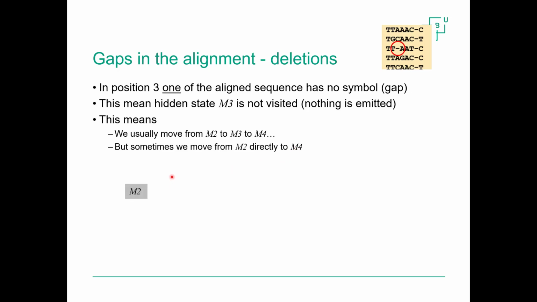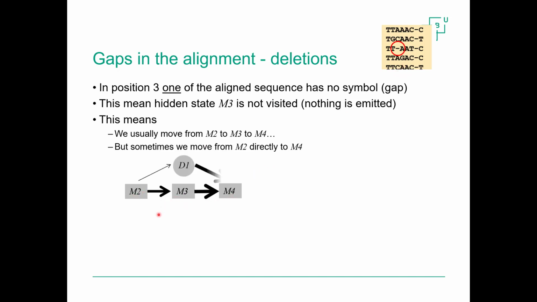So how do we actually describe this? Well, the normal thing is to go like this, right? This is the normal path, you could say. Most sequences in this family will go from match state 2, where you produce the second symbol, to match state 3, where you produce the third symbol, to match state 4, where you produce the fourth symbol.